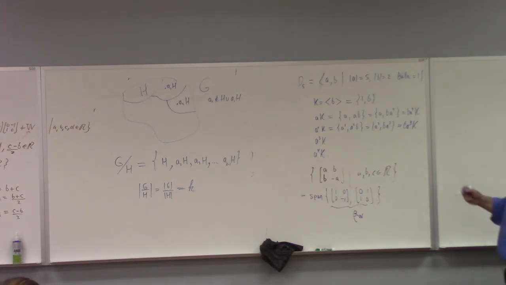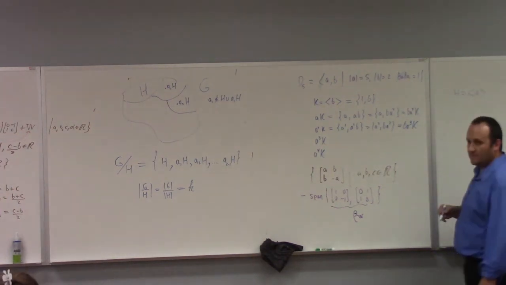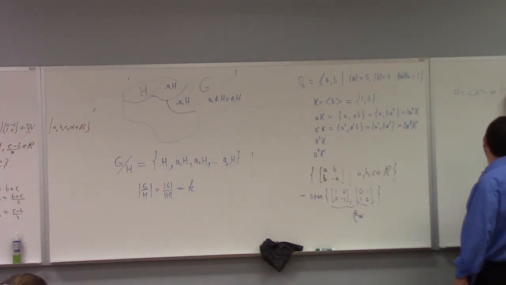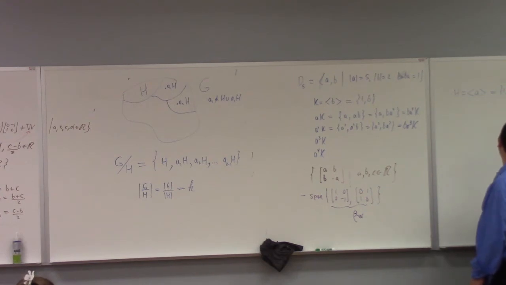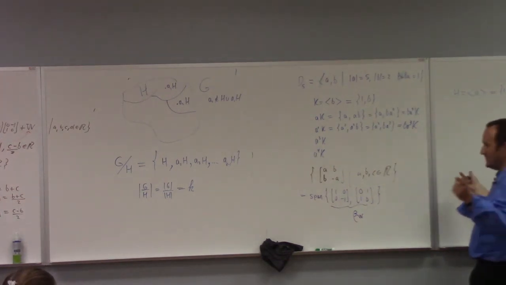On the other hand, if I was to let H equal the cyclic subgroup generated by A, how many cosets? Two, right? 10 divided by 5 is 2. And this is much easier. What's the only other coset? You got to pick something that's not in there. You can't go wrong. Got 5 choices. What? B. B is the correct choice.